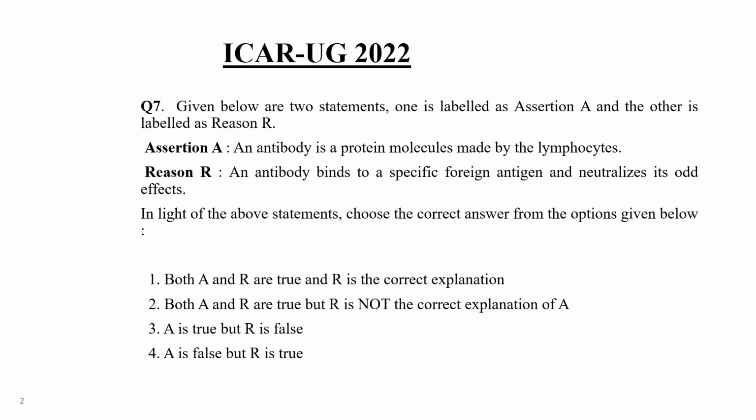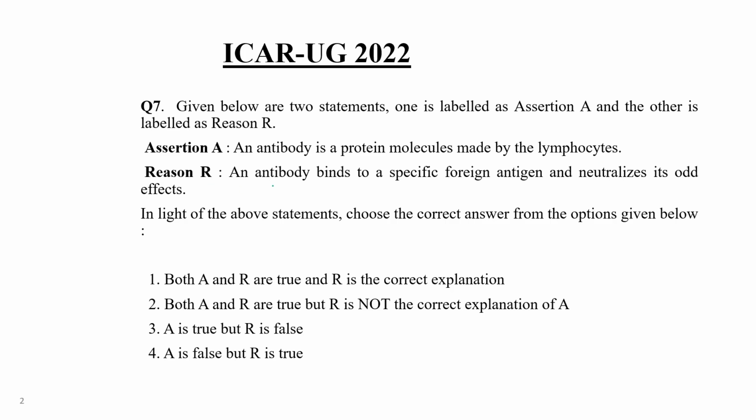Question number 7. Given below are 2 statements. One is labeled as assertion A and the other is labeled as reason R. Assertion A: An antibody is a protein molecule made by the lymphocyte. Correct statement. Yes, antibody is a protein molecule which is made by the B lymphocytes.